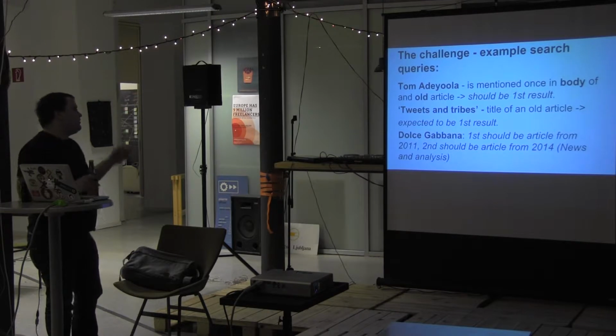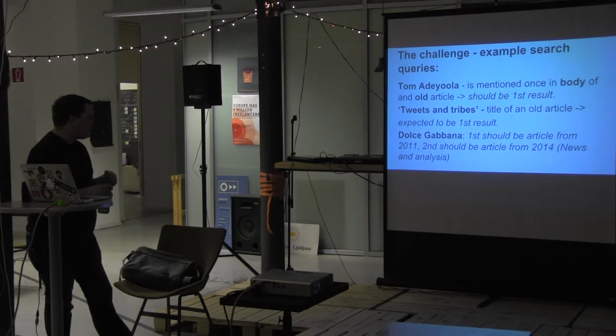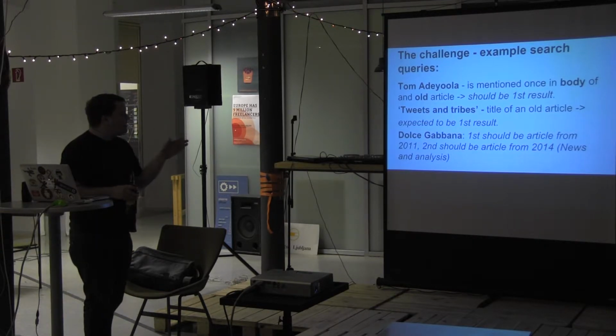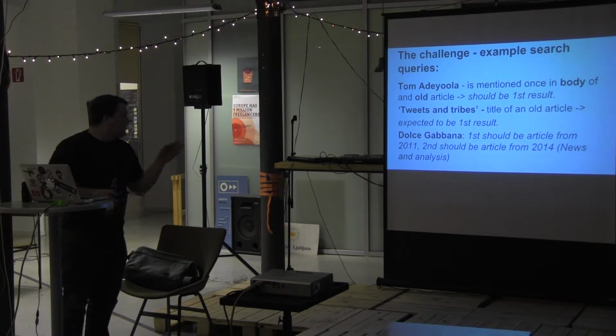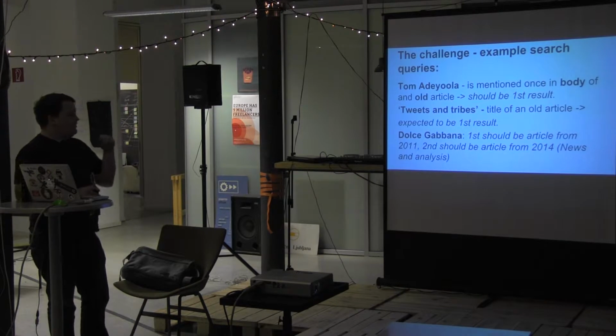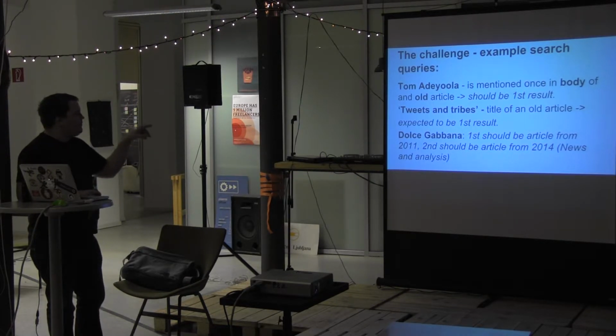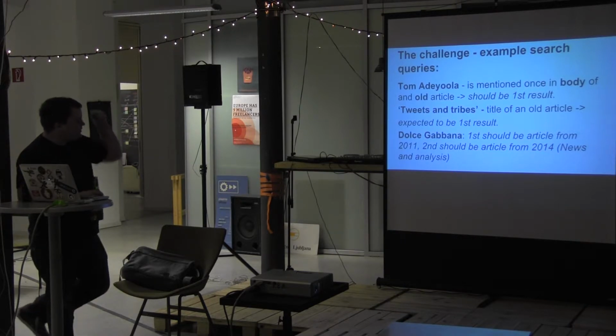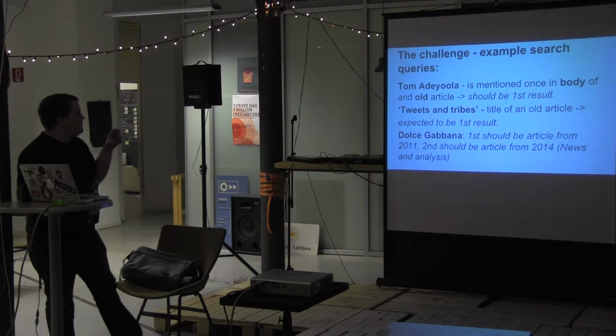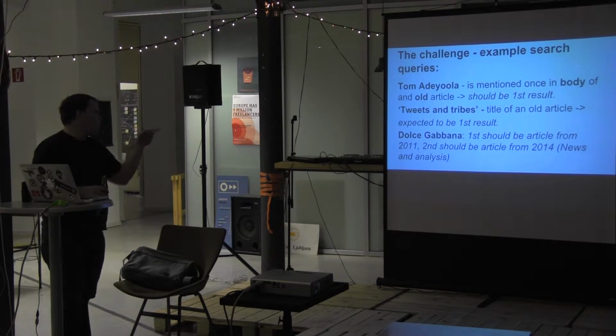So Thomas Deula is, I guess, a fashion guy. He's mentioned in the body of a really old article, and he should be first. Like when we search for Thomas Deula, the article where he's mentioned should be first in our result set. Then we have tweets and tribes.